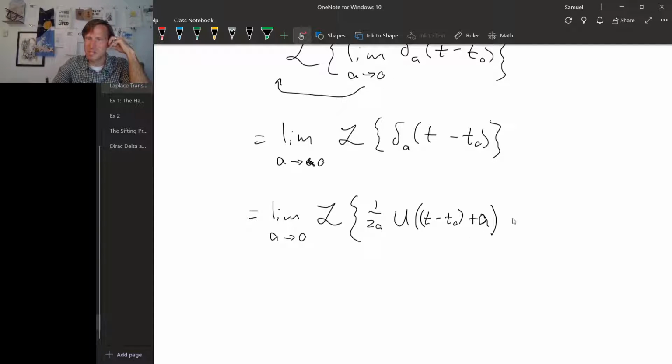Okay, got to be careful there to get the effect of a and this minus t naught all in the right place, minus 1 over 2a times u of t minus t naught minus a.